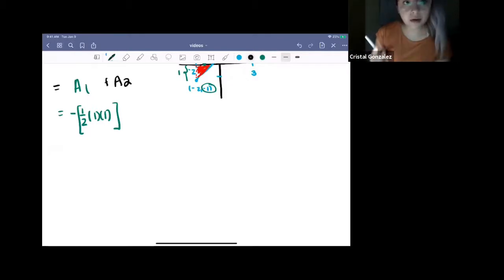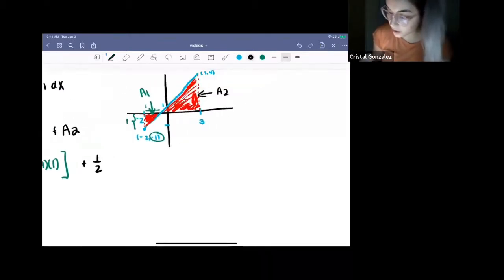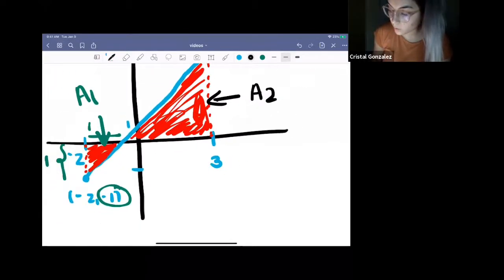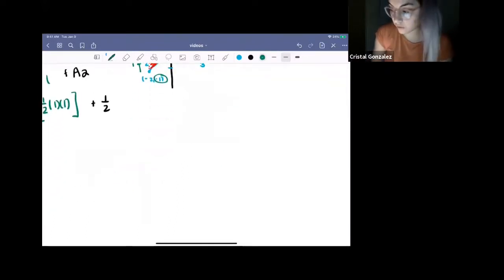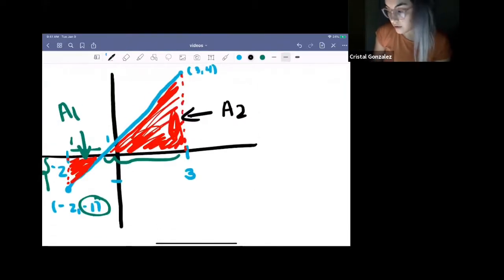And then for area 2, we can also use our triangle because this is just a right triangle. Now our distance here is 1, and then we have 3 on this side. So my base here is actually 4. And then my height, if I look at my y-axis, is also 4.